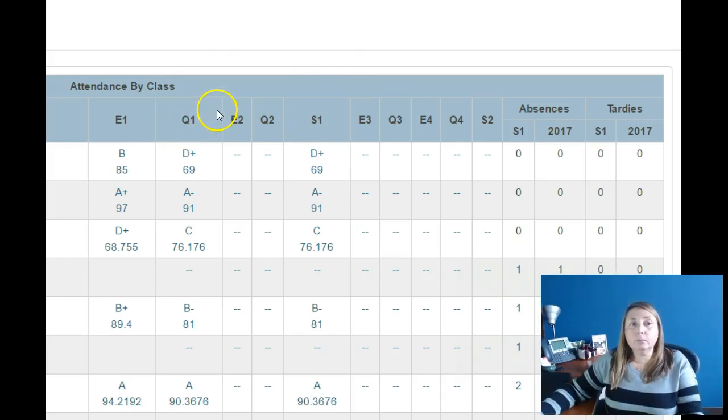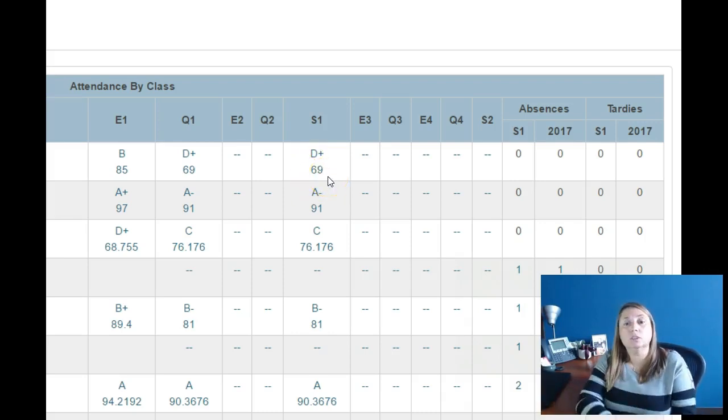But in the PowerSchool gradebook, the Q1 stops on Friday, okay? And so from there on, they will be different. E2 and Q2 will start on Monday, and so they will be very different from the S1 because they will be just a very small portion of the semester grade.